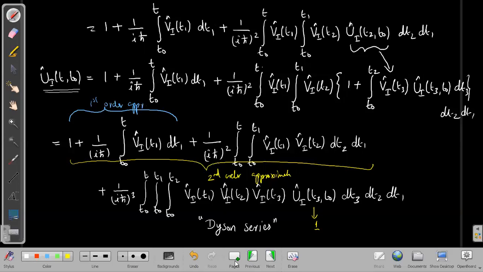So if you want the first order approximation, we will take the U_I as only the first two terms.